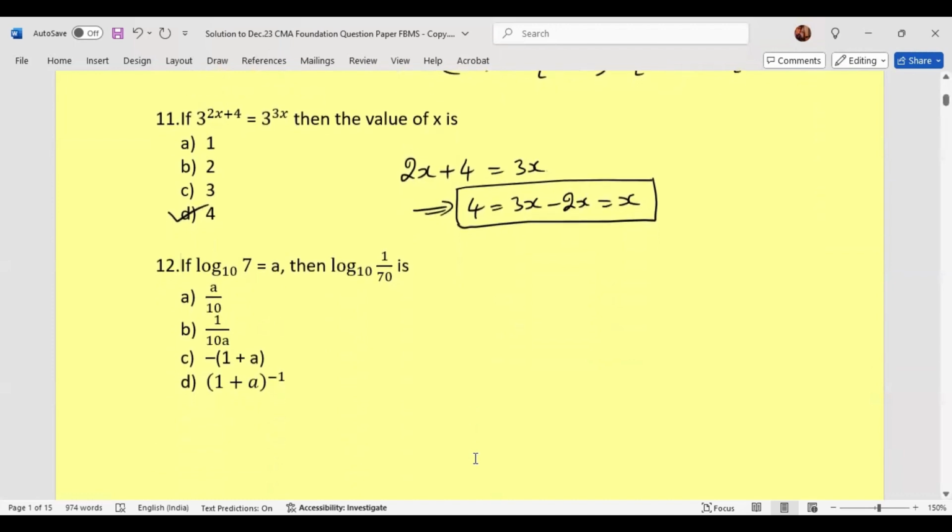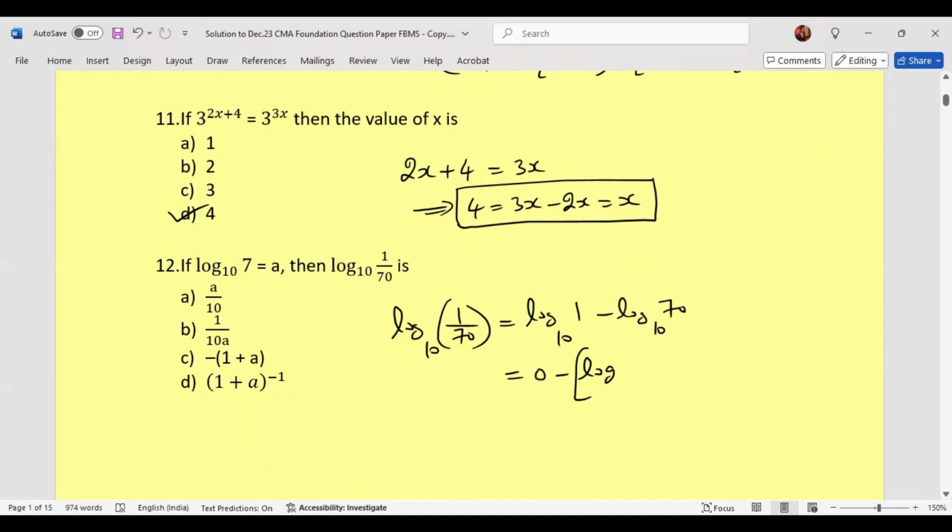Next one. If logarithm of 7 to the base 10 is A, then what is logarithm of 1 by 70 to the base 10? Logarithm of 1 by 70 is like log A by B, so log A minus log B. So log 1 is 0. So 0 minus logarithm of 70, let me write this within brackets.